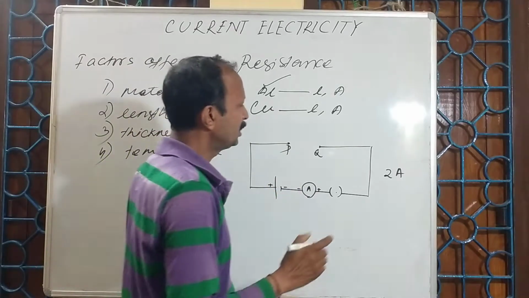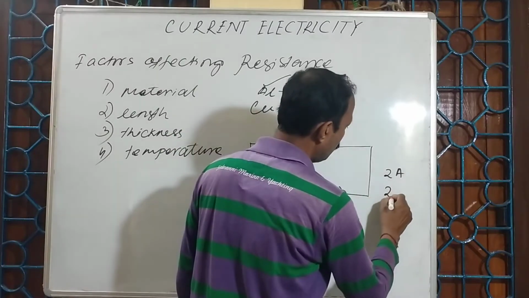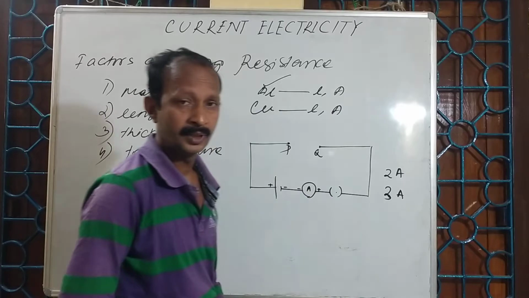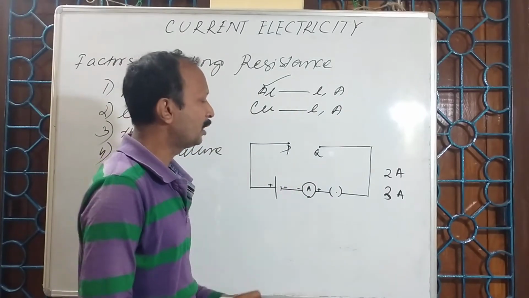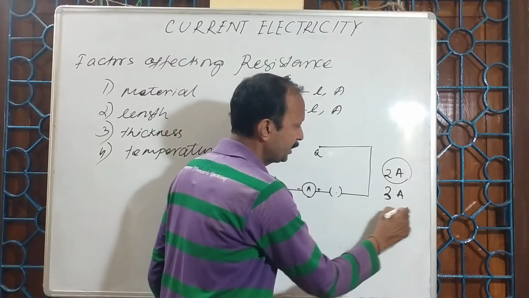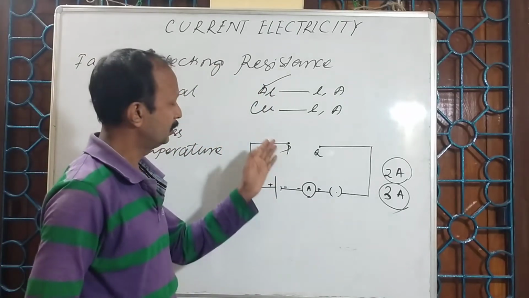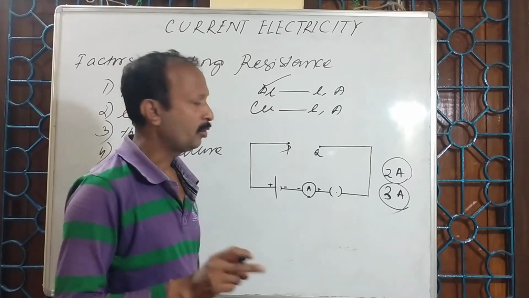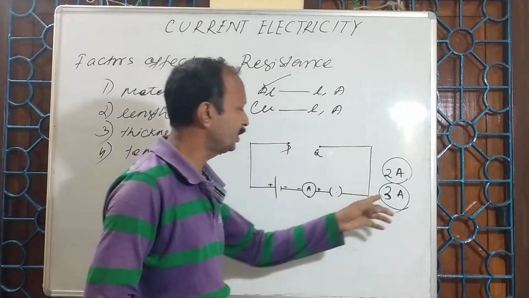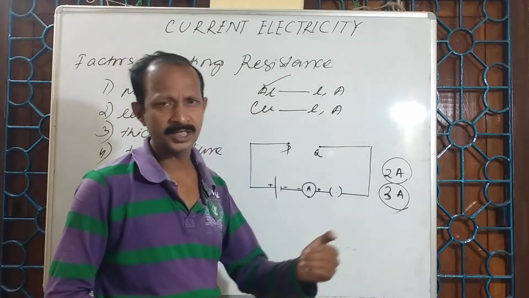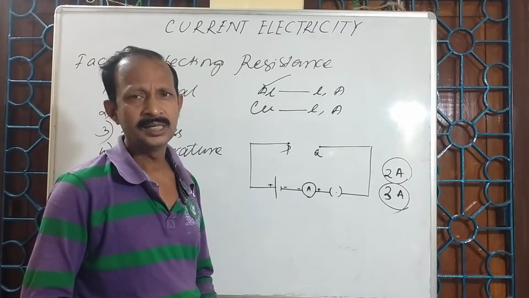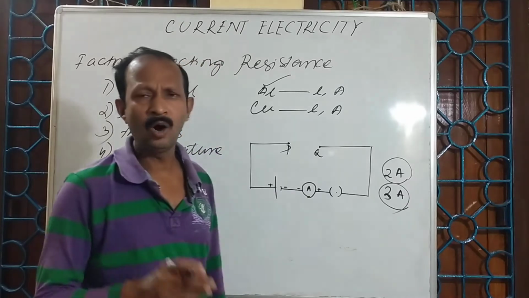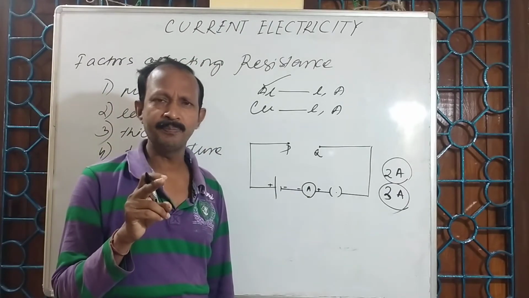Suppose this time you got current is 3 ampere. In case of aluminium, we got 2 ampere; in case of copper, we got 3 ampere. That means when we connect the copper, we get more current. So the resistance of copper is less than the resistance of aluminium. How did it become possible?